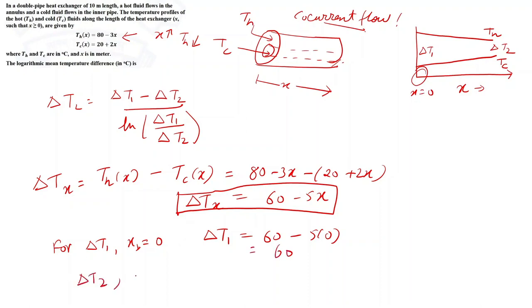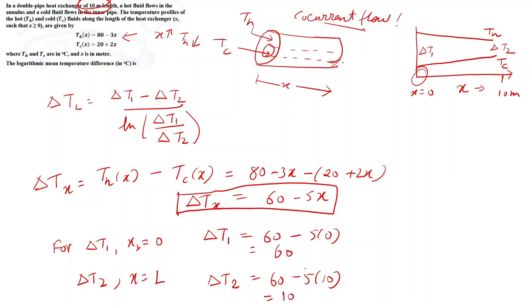Similarly, for delta T2, we can take x equal to L, and we have been given the length as 10 meter. So this is 10 meter. Similarly, delta T2 will become 60 minus 5 into 10. It will become 60 minus 50 is 10.